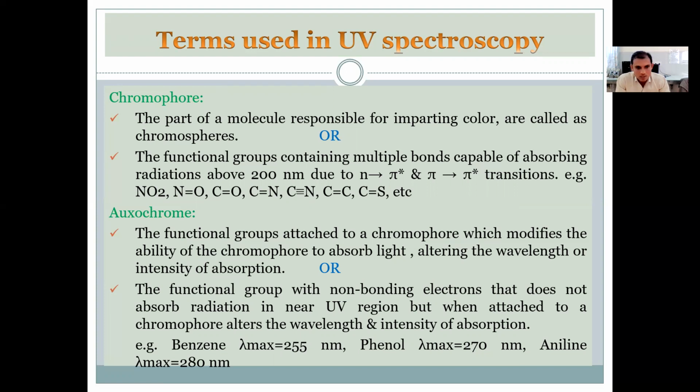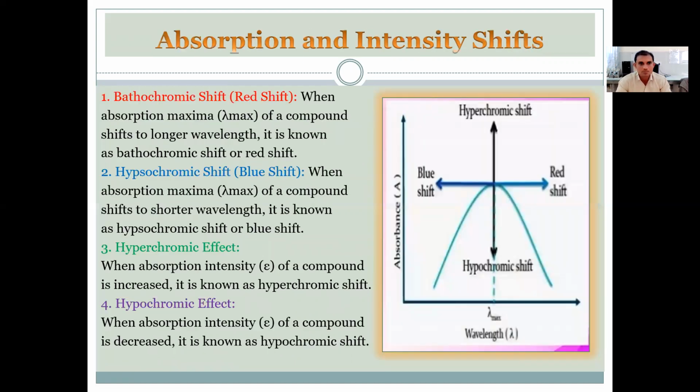This solvent is used for the determination of paracetamol, and paracetamol contains a hydroxyl group, which alters the values of solvents. So it is an oxochromic group. In case of benzene, phenols, anilines, those are the examples.